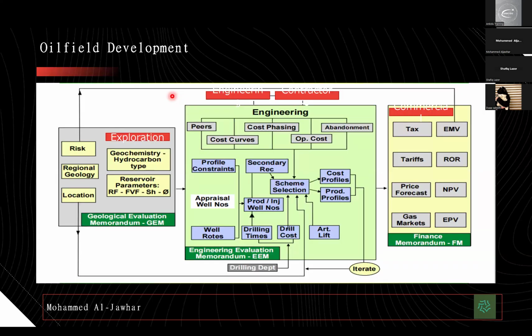So field development, oil field development. It starts from the exploration phase and goes through the engineering and contractor phase, and then the commercial phase. Starting from exploration, you have to think about what the risk of developing this field is.